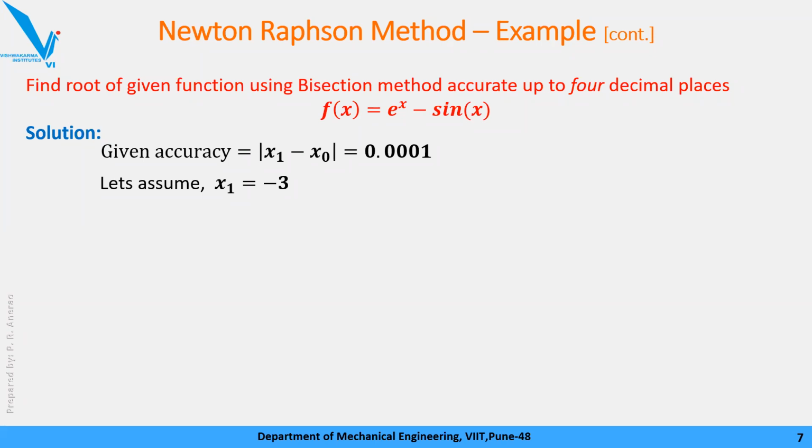Now the second condition: if the problem statement doesn't have an initial guess, that means you have to assume the guess. Now you have made a decision that you assumed x1 equal to -3, so please check for convergence. So there are two conditions. If the problem statement has an initial guess, no need to check for convergence.